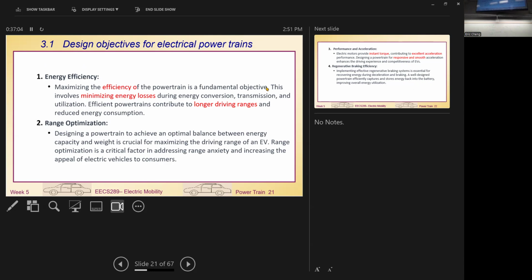So this will highly relate to how we control the range of the driving, how to reduce the energy consumption. So the design objective here, how to optimize the efficiency, is something we need to look into. That may highly relate to the cost of the material, cost of the motor, cost of the battery as well.